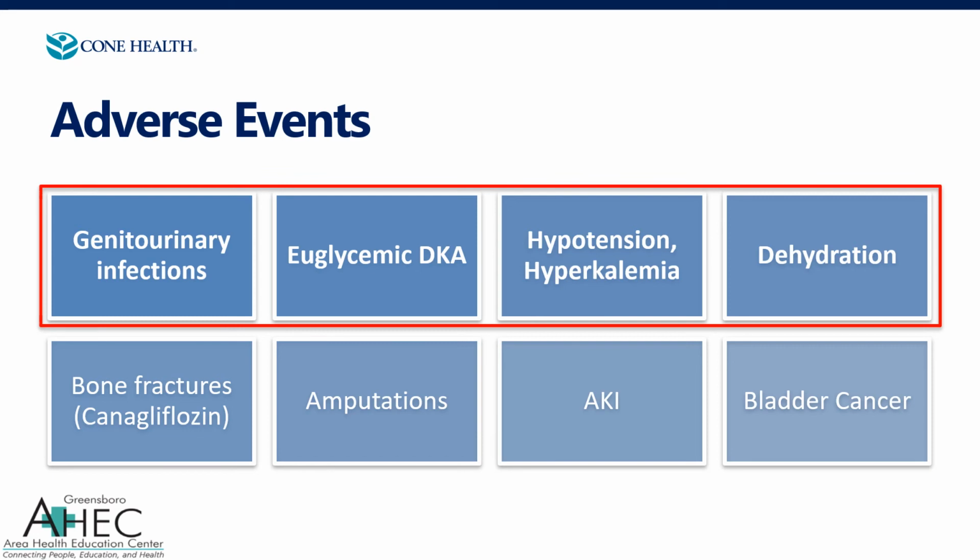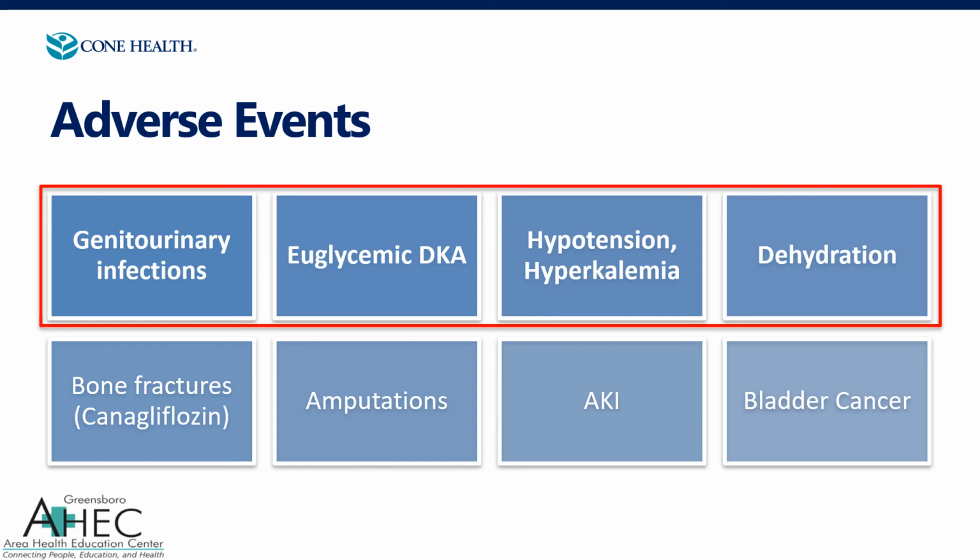Amputations have also been observed with all three of canagliflozin, empagliflozin, and dapagliflozin. However, the newer cardiovascular outcome trials of SGLT2s did not show an increase in amputations, and likely this is because patients were monitored more closely with foot exams in the trials and were discontinued from treatment if risk factors presented.